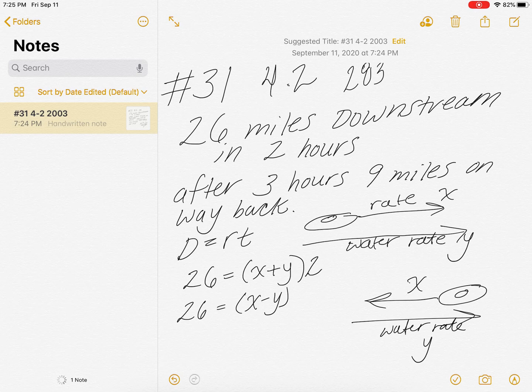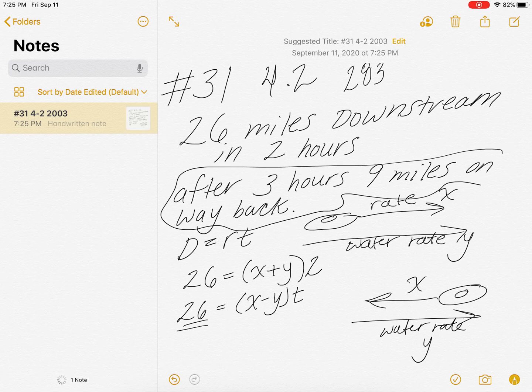Now, the problem is we weren't given the time. This 3 hours and 9 miles didn't give us the time that it took them for the full trip back. So this is actually giving us what information? Well, think about it. If it takes us 3 hours to go 9 miles, how many miles per hour are we going? So you would do 9 divided by 3 equals 3.